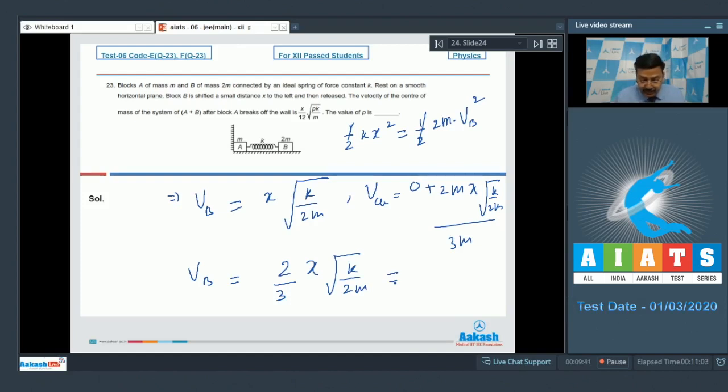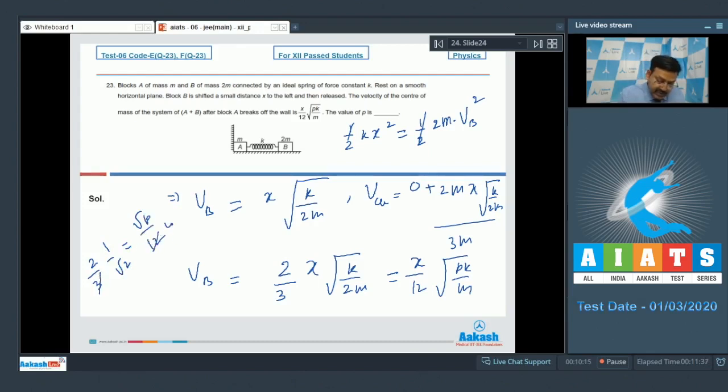Now to do that, what we can do is, if we equate this with x by 12 into under root of pk by m, what do we have? Let's just equate these two, and what we are getting is 2 by 3 into 1 by root 2 is coming out to be root p by 12.